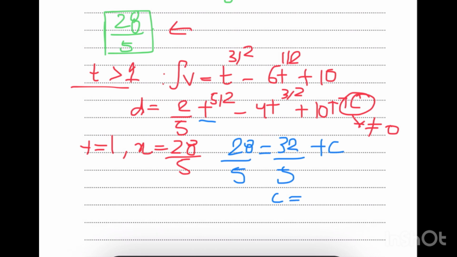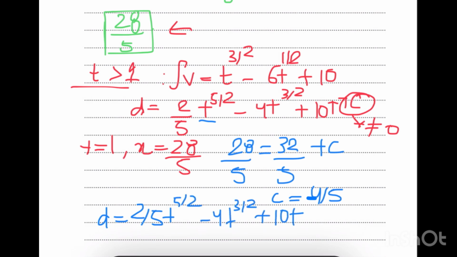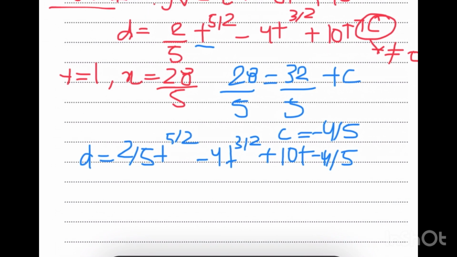That means that c is equal to minus 4 over 5. That makes the displacement formula or the distance formula for when t is greater than 1 equal to 2 over 5 t raised to power 5 by 2 minus 4t raised to power 3 by 2 plus 10t minus 4 over 5. Since this was minus, I forgot to say it.